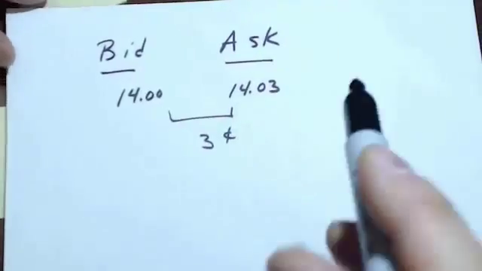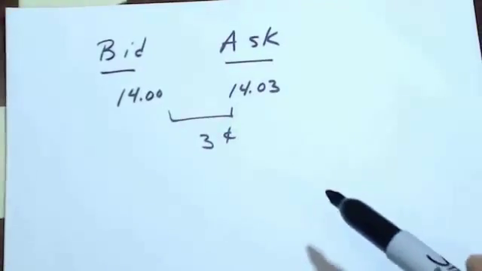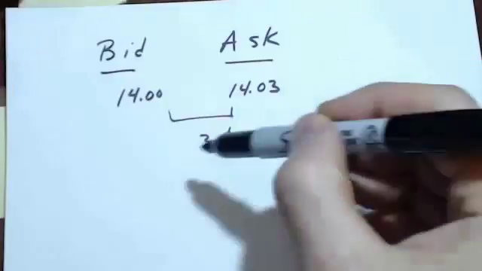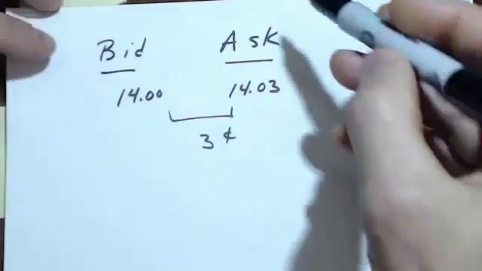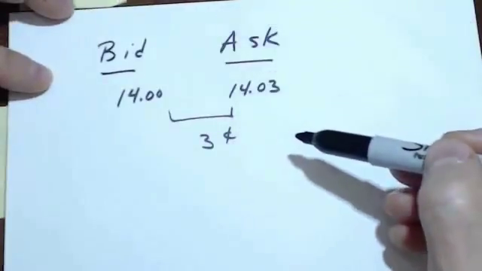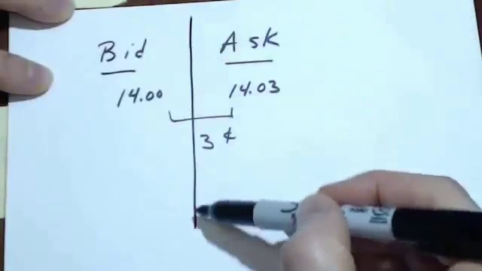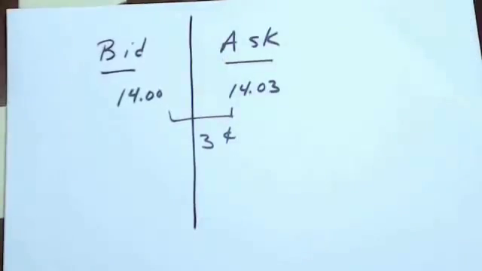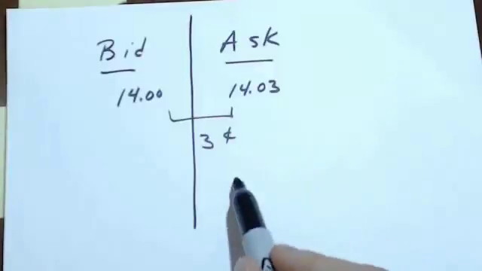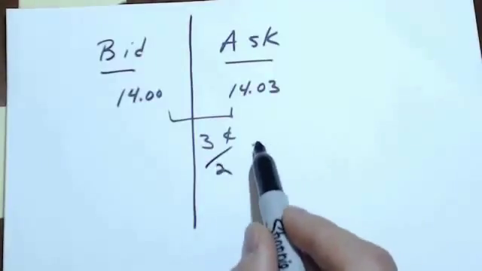Most people don't buy and sell immediately. That wouldn't make sense, obviously, if you lose 3 cents. So most people look at this spread, this implicit cost in trading, which you really can't see for the most part, as being half of the 3 cents.